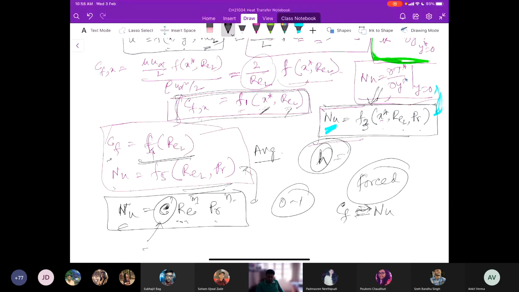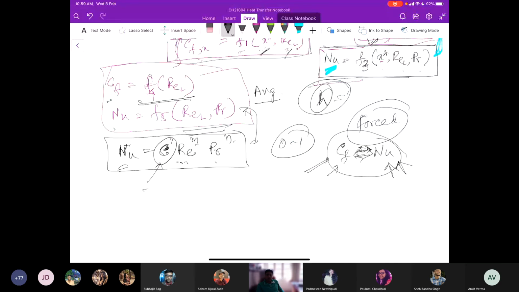If the friction coefficient value is known to you, can you calculate the Nusselt number for that problem? That is the analogy: this is the momentum part, this is the heat transfer part. This small thing we'll learn in the next class and solve a couple of problems.